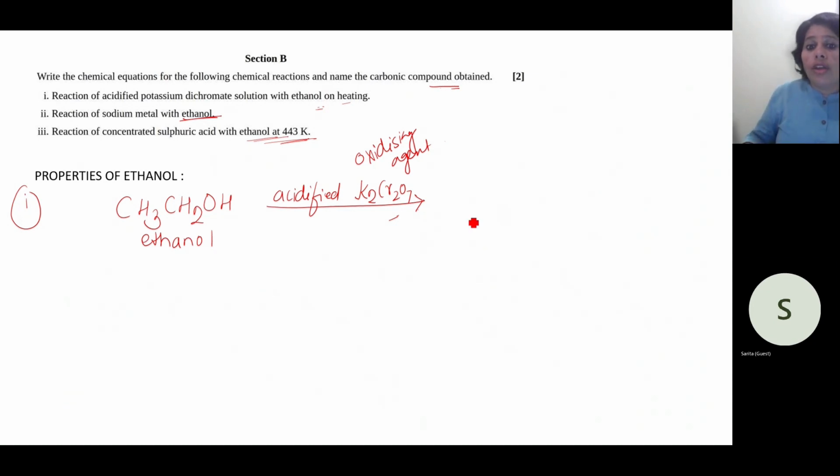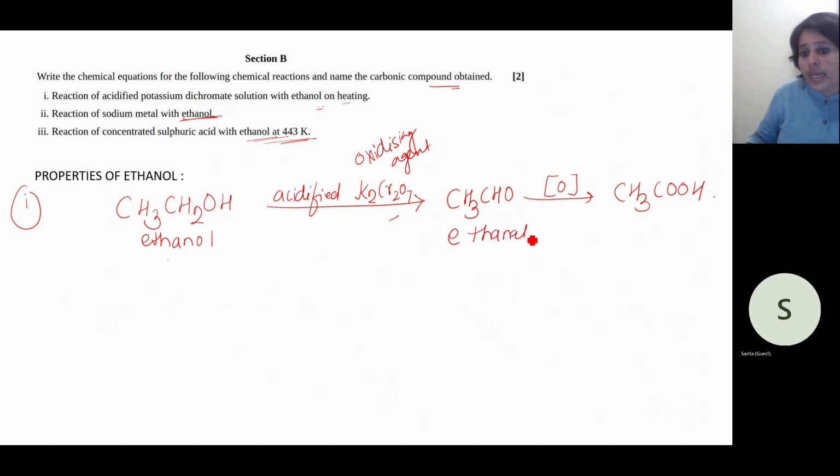So first, alcohol will always be oxidized into aldehyde. Again oxidation will take place and it will oxidize into acid. So ethanol will oxidize into ethanal, the aldehyde. Then again it is oxidized into an oic acid, that is ethanoic acid.